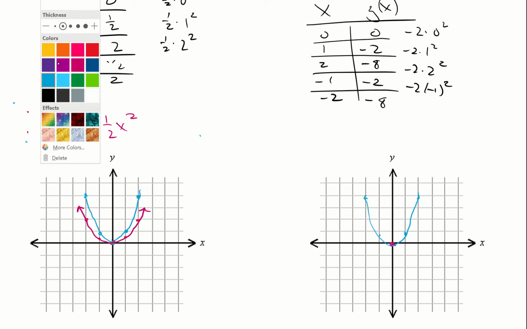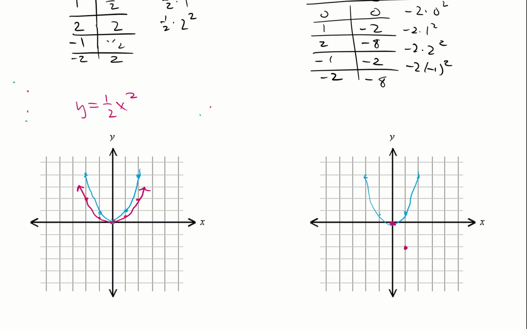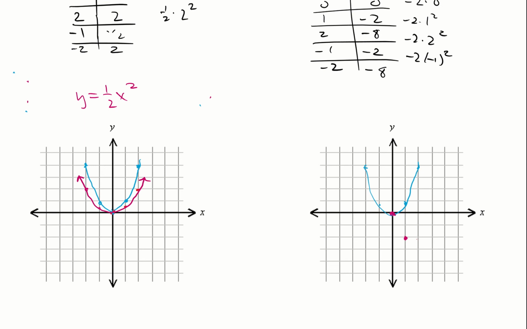But this one is going 0, 0, but then 1, -2, and whoa, watch out: 2 and -8, 1, 2, 3, 4, 5, 6, 7, 8. Sometimes I mark on the wall; I've been known to in the classroom. It's way off the charts, above my reach. But then also -1, -2, and then -2 and way down here.